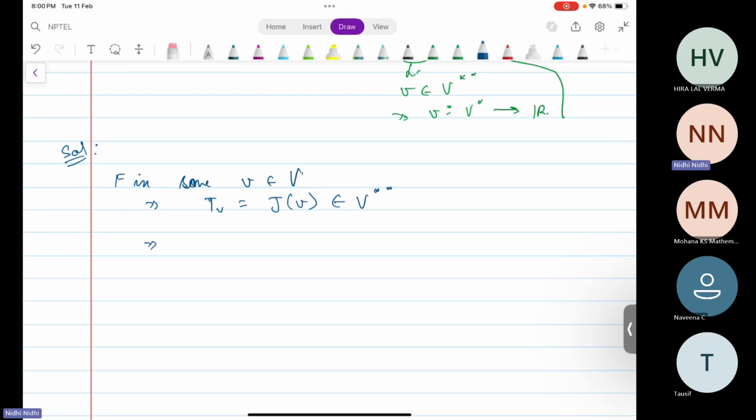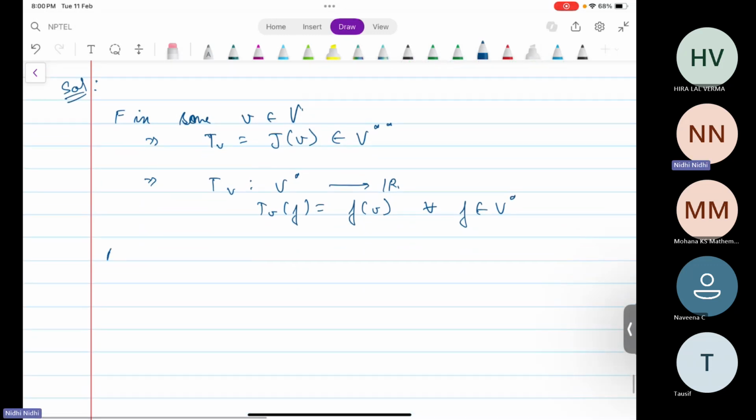That means TV is from V star to R, where TV of F is equal to F at V for every F in V star.